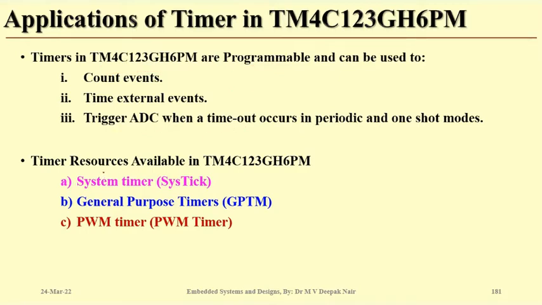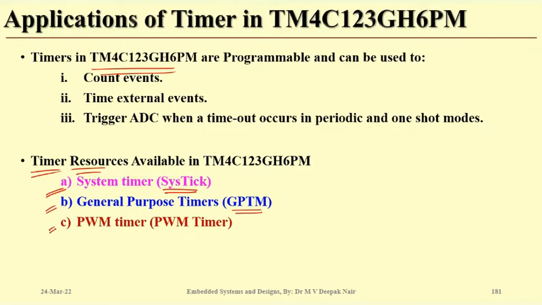So what are the different types of timers available in the microcontroller TM4C123GH6PM? There are three types of timers. One is the system timer, which we call SysTick. Then it has a general purpose timer, which we call GPTM.